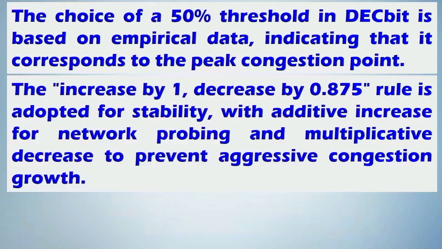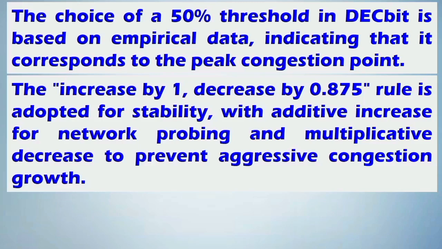The increase by 1, decrease by 0.875 rule is adopted for stability, with additive increase for network probing and multiplicative decrease to prevent aggressive congestion growth.